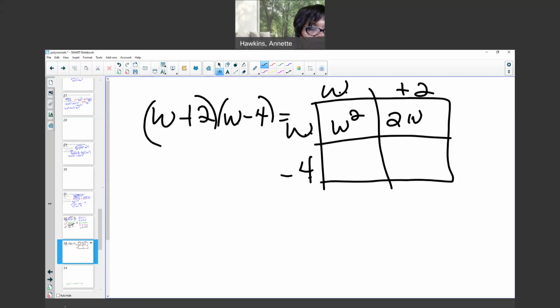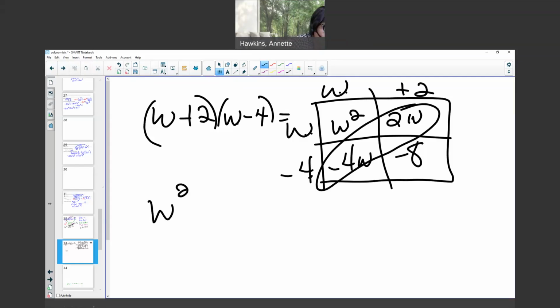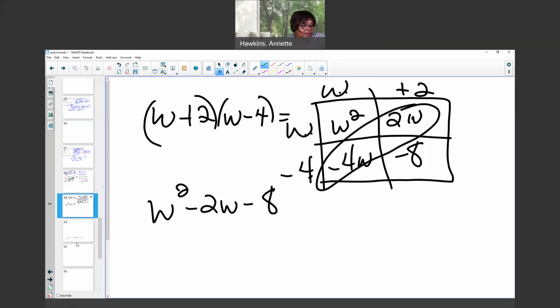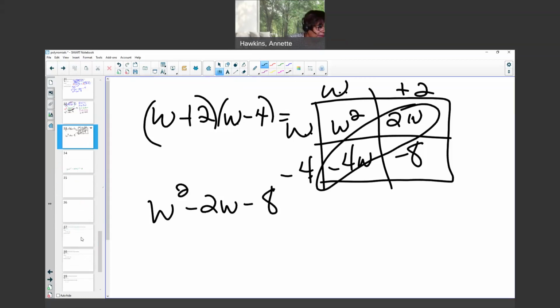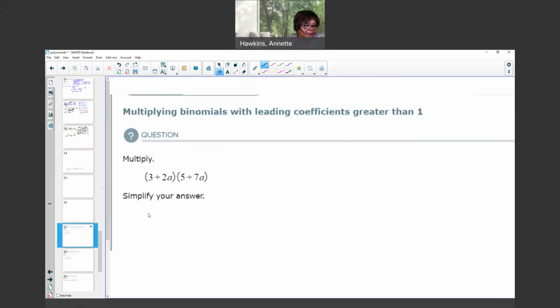Minus 4 times W is minus 4W. Minus 4 times 2 is minus 8. And these you can add together. W squared minus 2W minus 8. So that might be something that you like. So either way that you want to do this, I'm going to use the little matrix.